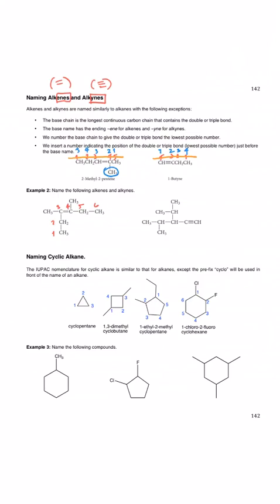Now I'm going to circle the groups that attach to it. These are the two groups that attach to the longest continuous carbon chain. Because these two contain one carbon each, this is methyl, so these two are methyl groups. Therefore, the name would describe the number of attachments first.